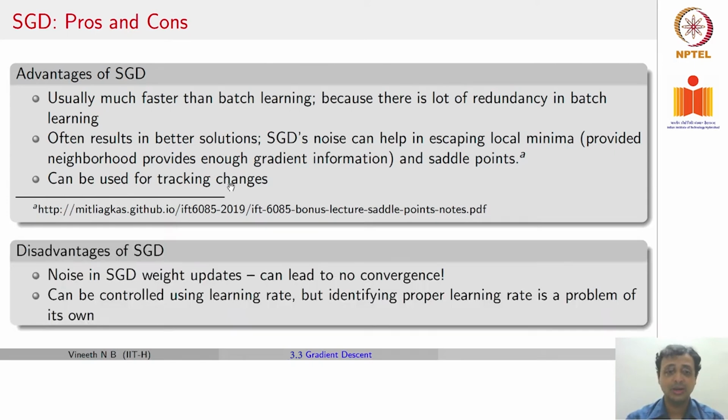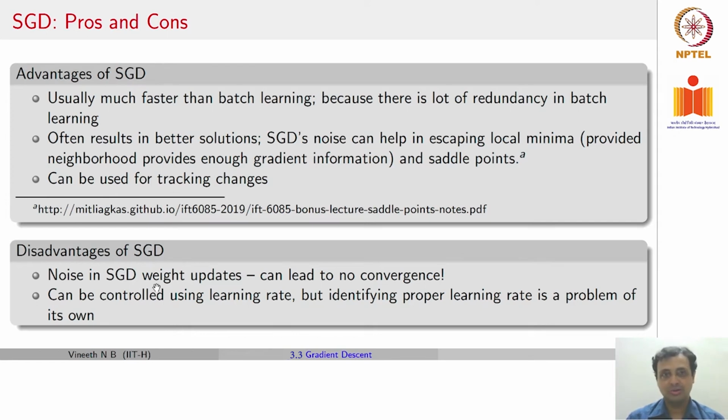What about disadvantages? The disadvantage of stochastic gradient descent is that the noise in stochastic gradient weight updates can lead to no convergence. To this day, sometimes, remember as we said that because of the complexity of the error surface, where you initialize your weights is very important as to which local minima you converge to.